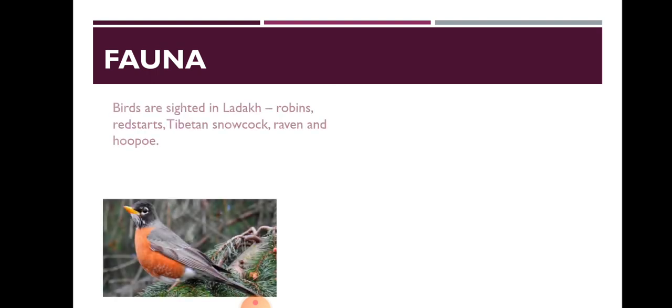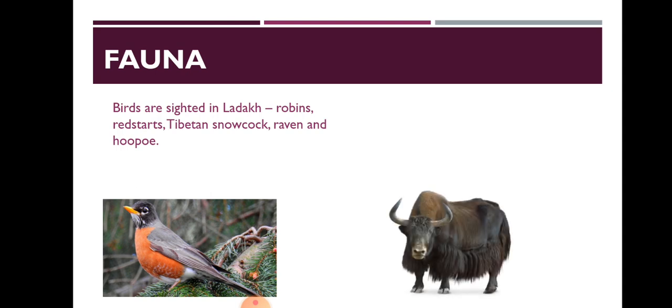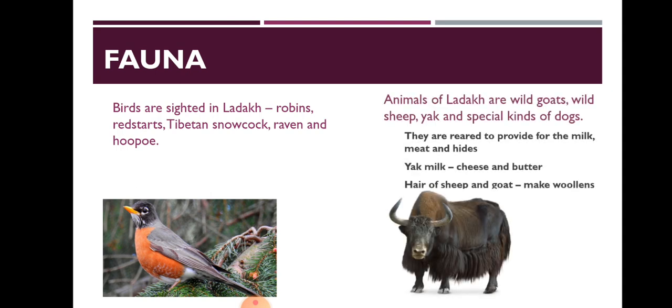Now about fauna, here we can see some birds in Ladakh such as robin, redstart, Tibetan snowcock, raven, and hoopoe. Animals of Ladakh are wild goat, wild sheep, yak, and special kinds of dogs.